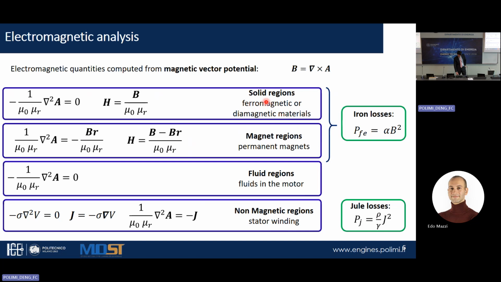So for the solid region, ferromagnetic, diamagnetic, or for the permanent magnet regions, we have also models for taking into account the iron losses, so losses due to the currents that are generated into the material due to the variation of the magnetic field, and also Joule effect losses due to the fact that we have a current into the material.